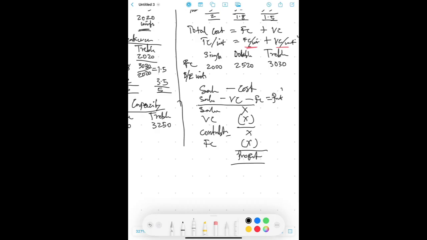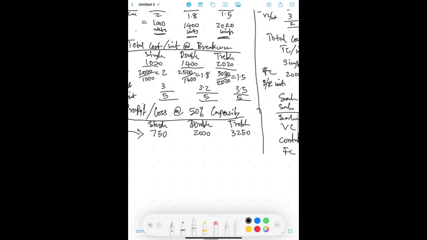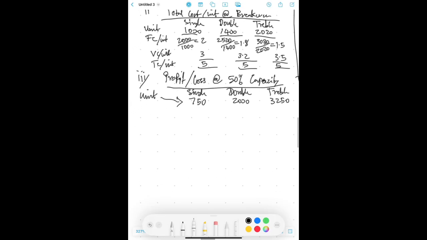So instead of going through all this route, we can start from contribution. Contribution is made up of contribution for one unit, which is called contribution margin, times quantity. Then we deduct fixed cost, which is shorter instead of starting all the way. So that's what I'm going to do.